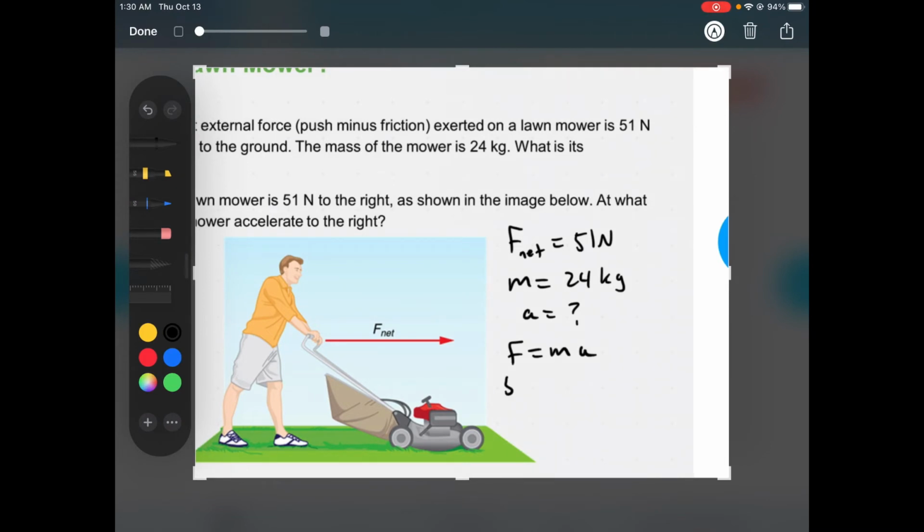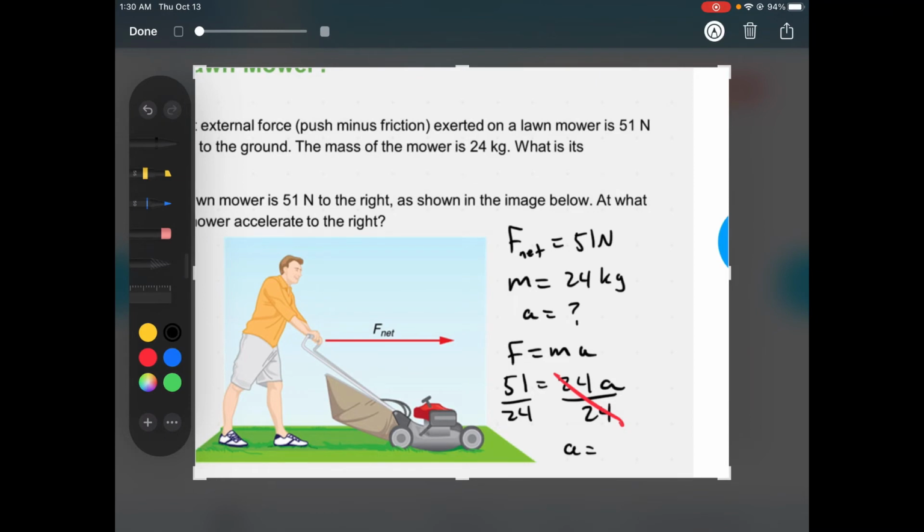So that's 51 is equal to 24 times a, dividing by 24 on both sides. Cancels the 24 on the right. Unfortunately, I can't pull up a calculator to show you this when I do screenshots, so you'll just have to trust me.